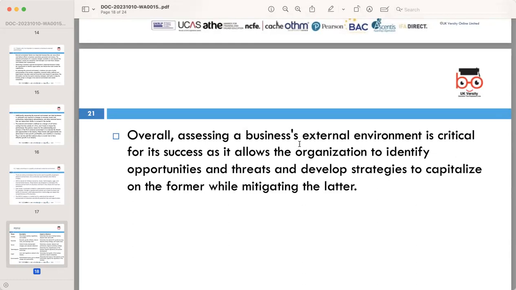This assessment allows organizations to not only identify opportunities but also recognize potential threats.